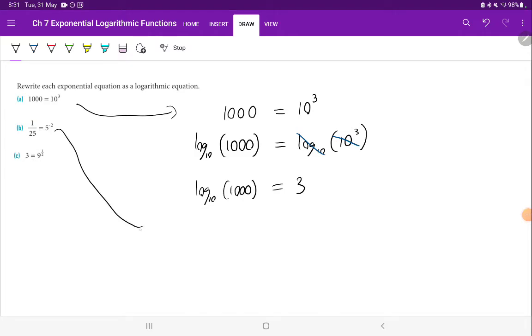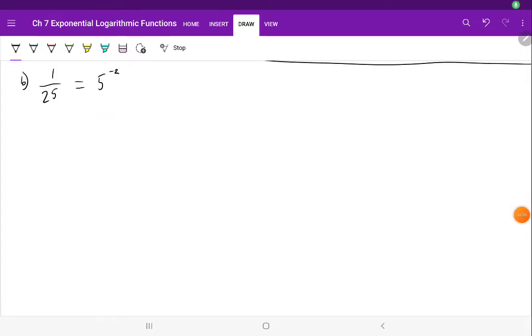This one's slightly more complicated because we're dealing with negative indices. So we've got 1 over 25 is equal to 5 to the negative 2. Alrighty, well for this one, we're going to be taking the log base 5.